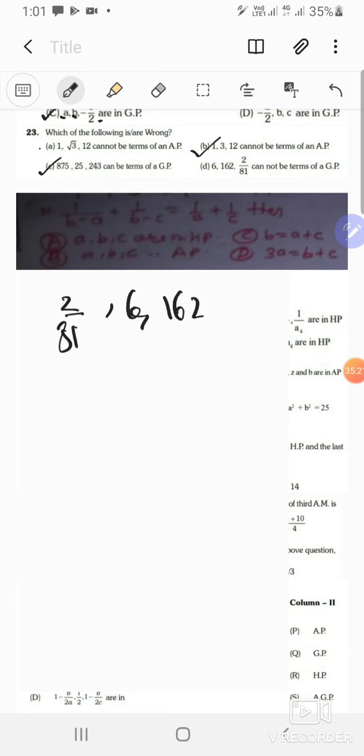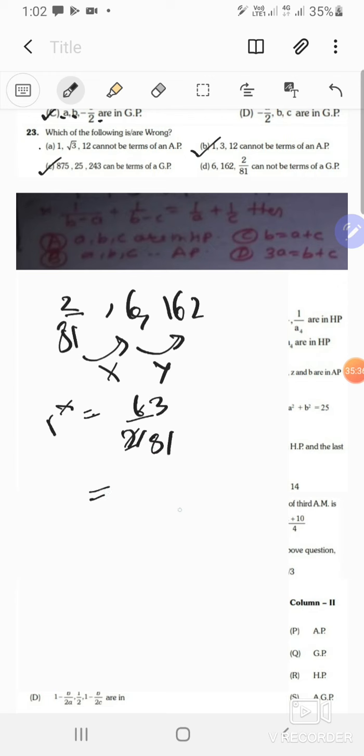Let's go with the same logic that r, let's just say you have to make x jumps over here and y jumps over there, so r to the x is supposed to be equal to 6 upon 2 upon 81. So this becomes 3 to the 5th power. And then r to the y is going to be 162 upon 6, which is 3 to the 3rd power.